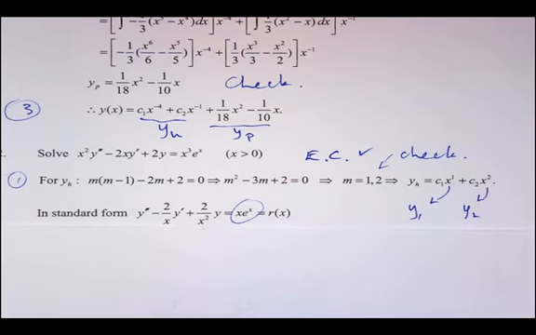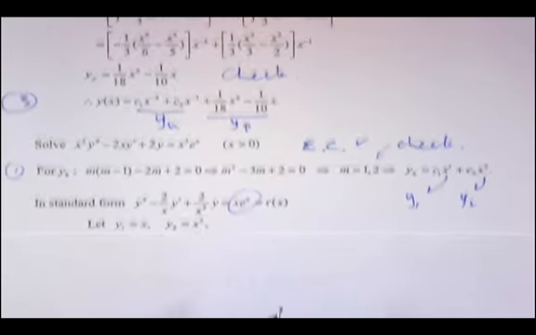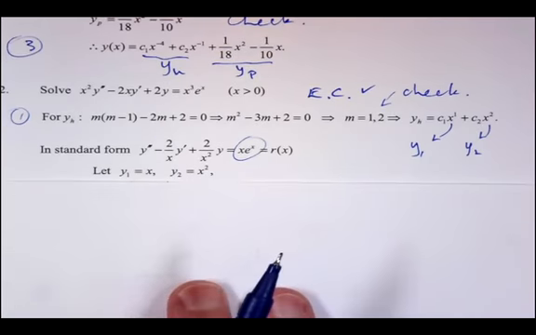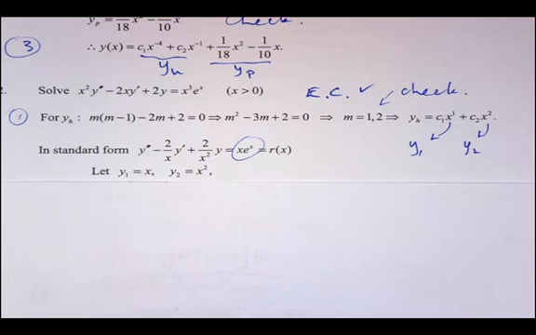Tell me what the Wronskian is. Calculate it for me. Right, I'll give you another 30 seconds.